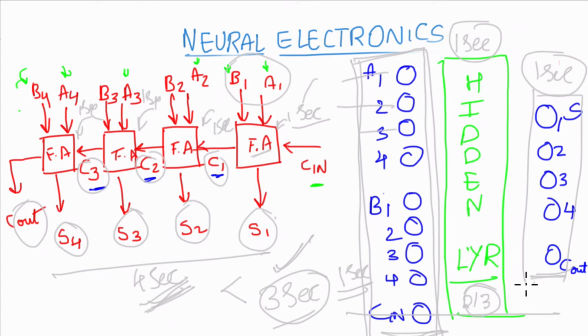And then here we have the output layer, which will generally again be 33 bits for the case where we have a 32-bit computer, a full adder system. So in that case, this would be 1. This would be, on the maximum, let's say 3, and this will take 1. In this case, it would be taking 32 seconds.